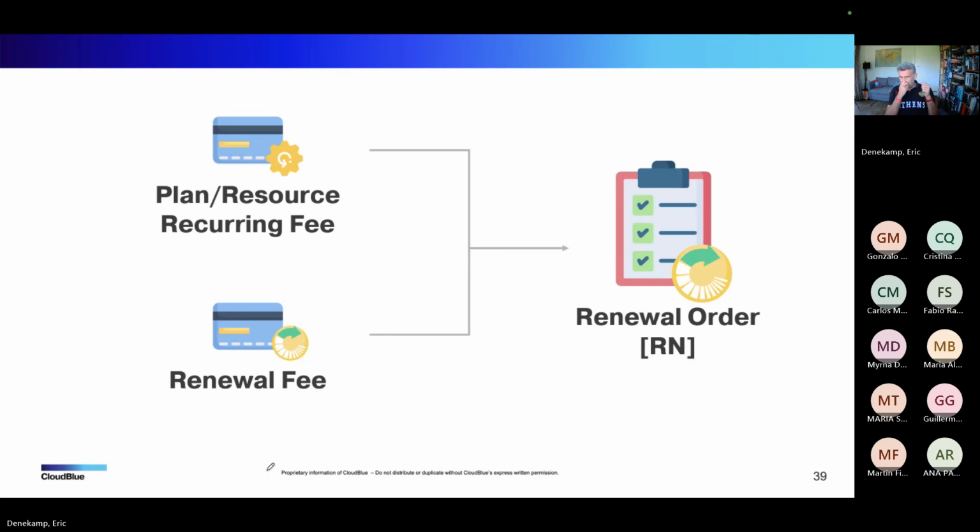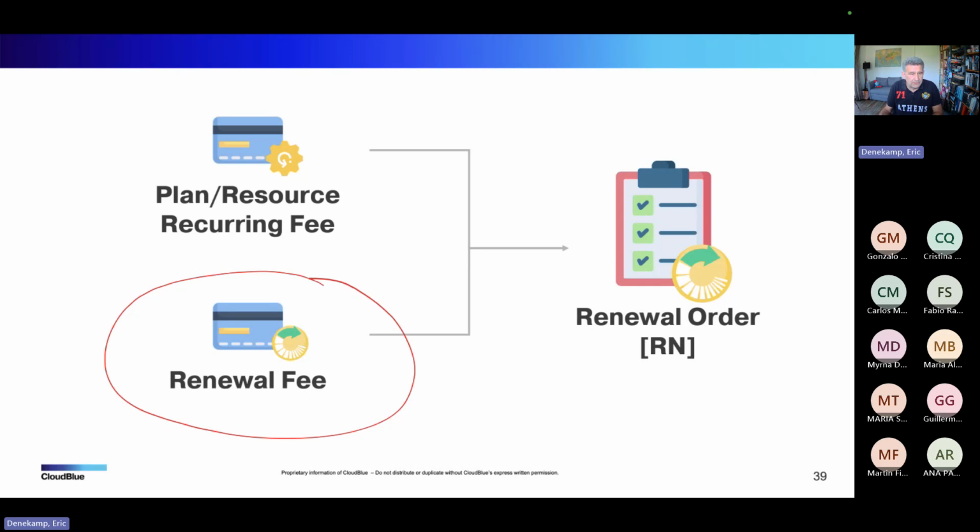And if the recurring fee is paid before subscription period, so the fully prepaid plan, that price is also paid in the renewal order. If plans and resources are paid before billing period, the renewal order will only have a renewal fee, and the recurring billing orders will charge for those recurring fees.